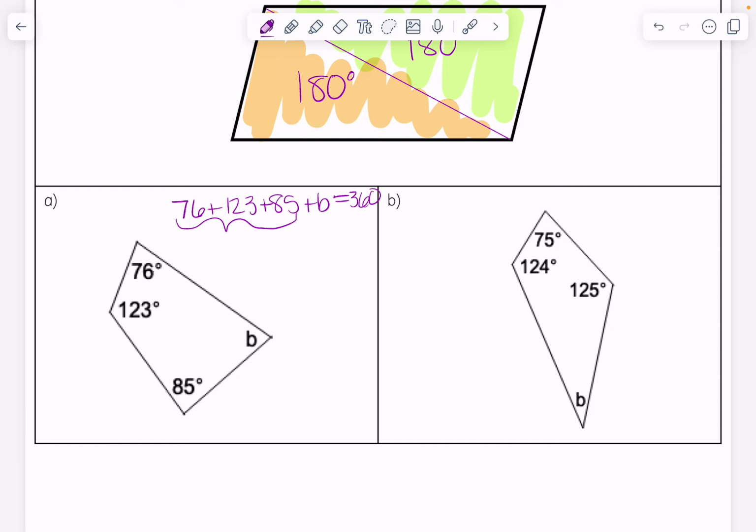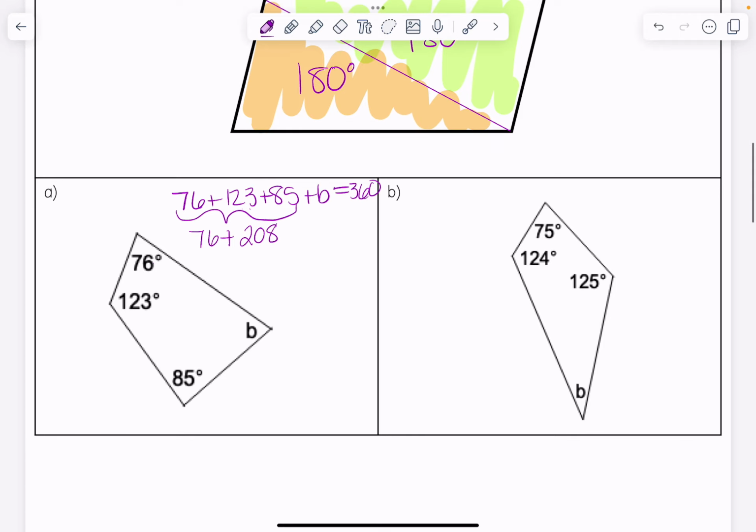I do not have a calculator handy, so I'm just going to be doing this by hand. 123 plus my 85 would be 208, plus the 76 is going to be 284. So 284 plus b is going to equal 360 degrees.